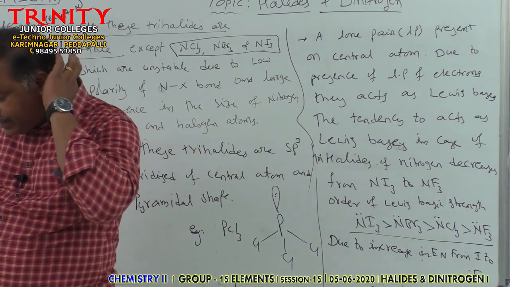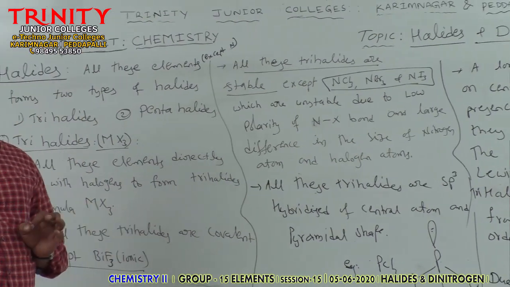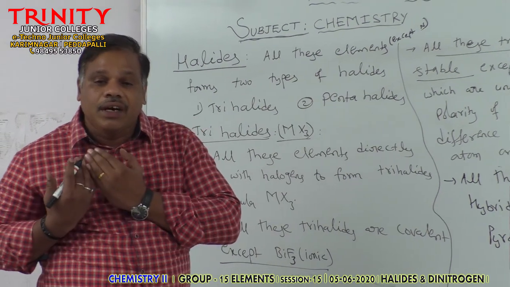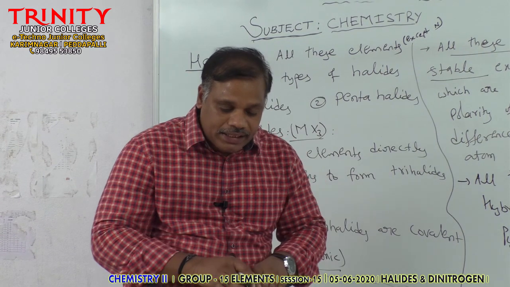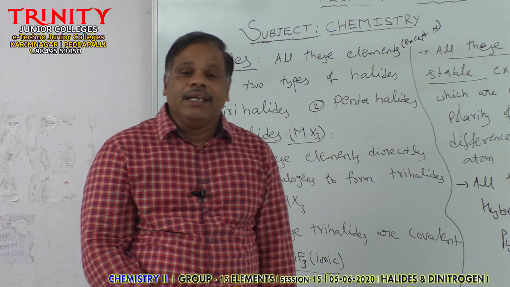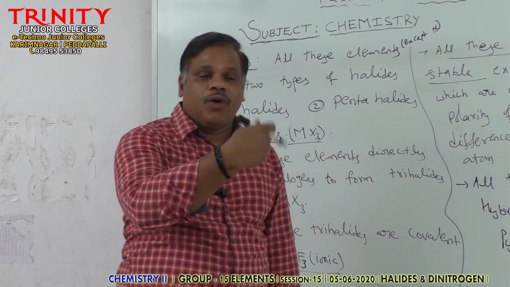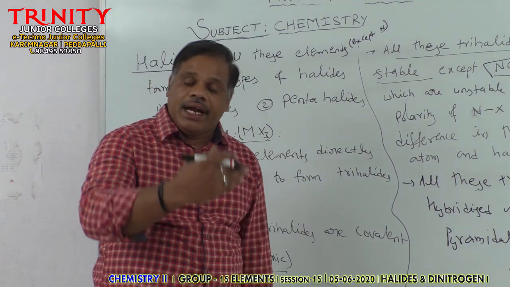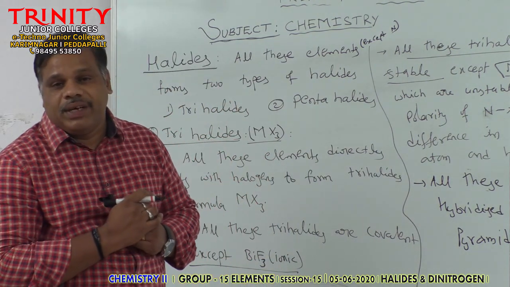When the electronegativity of the bonded atom increases, the Lewis basic strength decreases, because a more electronegative bonded atom withdraws electrons from the central atom, so electron density decreases. Always remember that Lewis basic strength depends on the electron density on the central atom. More electron density means more donating capacity and more basic strength; less electron density means less donation capacity and less basic strength.